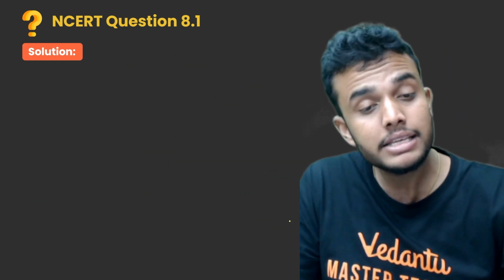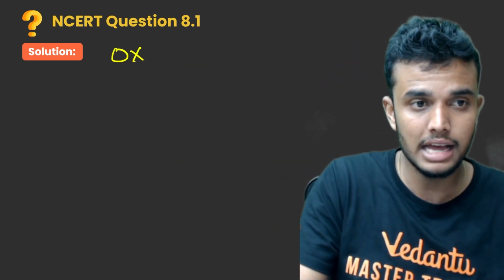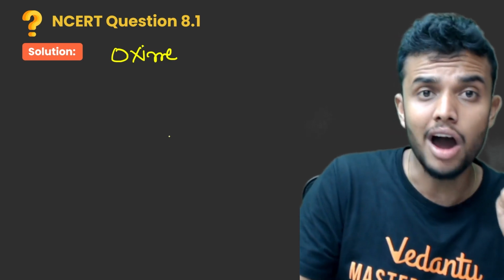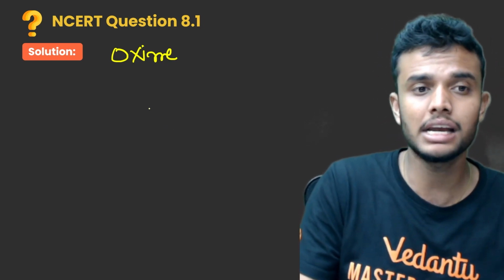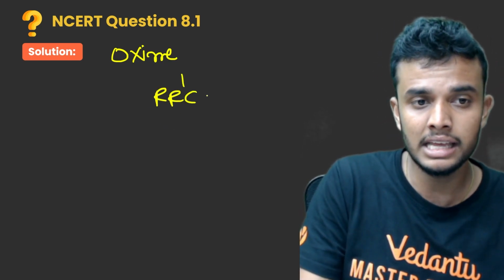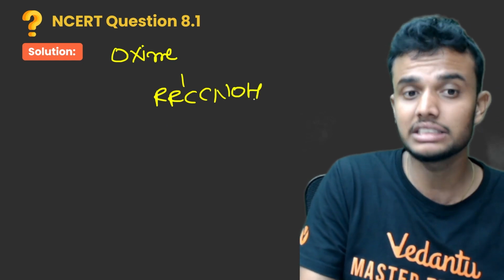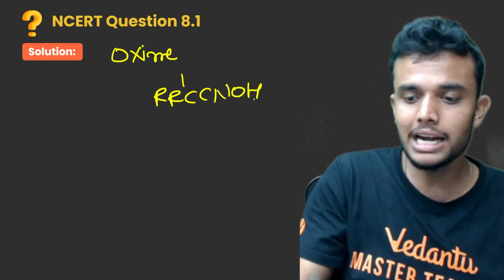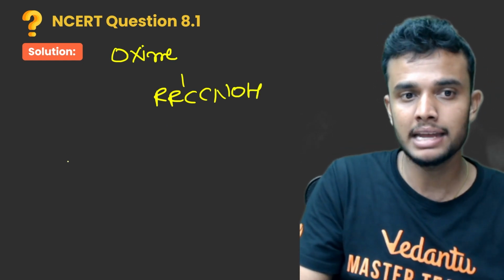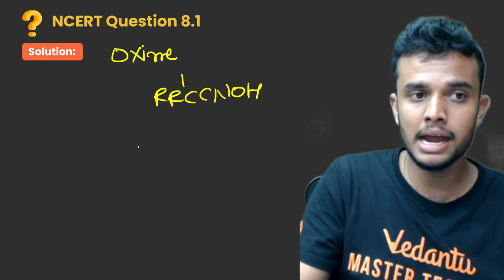The next one is oxime. Oximes are organic compounds containing the general formula R-CH=NOH. Understood, students? How is it prepared?